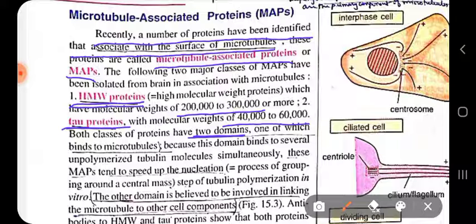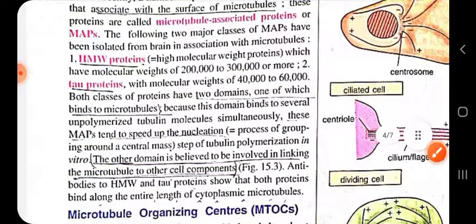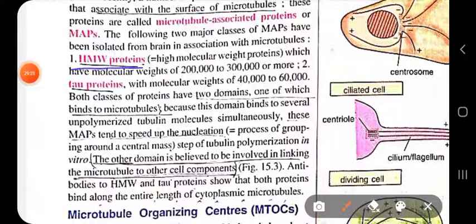With the help of one domain, they bind to the microtubules, and the other domain helps to link the microtubules to other cell components. So again I repeat, these HMW proteins and tau proteins are microtubule associated proteins because they bind to the surface of the microtubules.